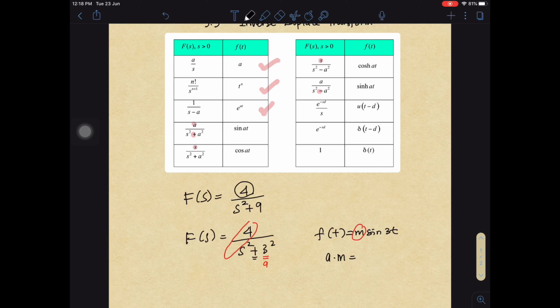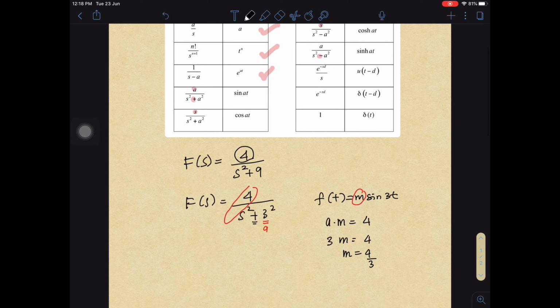For here, the coefficient is equal to 4. So you have a equal to 3, therefore 3 over m is equal to 4. Okay, so m is equal to 4 over 3. So your final function f(t) for this function is equal to 4 over 3 sine 3t.